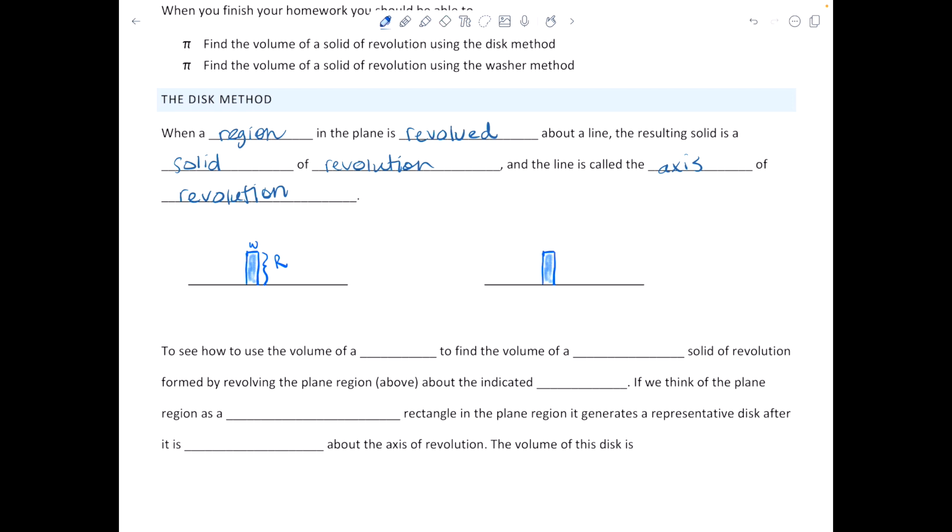So right here we said this was our representative rectangle. And over here you've got the disc it can make if you rotate it.